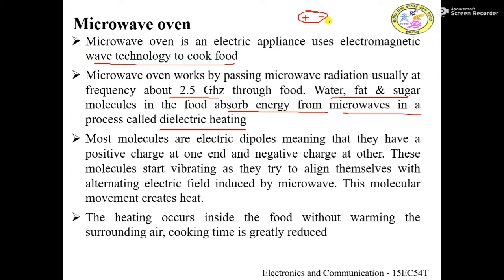So whenever molecules like the water molecule, the sugar molecule, or the fat molecules, which are all electrical dipoles in nature, are subjected to microwave radiations, which are electromagnetic radiations, then due to the alternating electric field of the microwaves, these molecules tend to align themselves according to the changes in the phase of the alternating electric field.